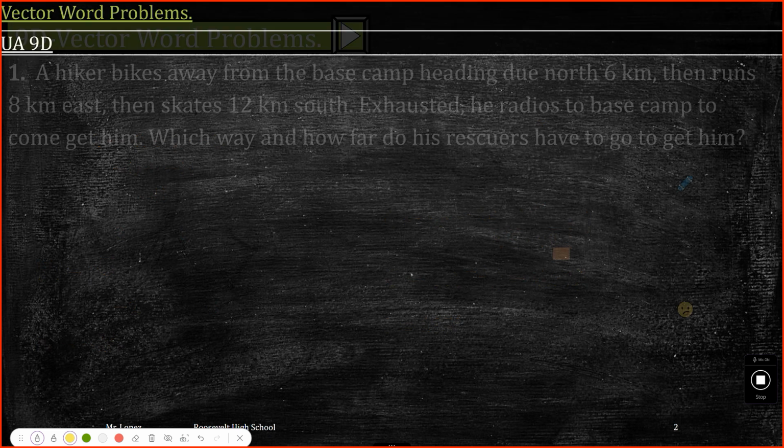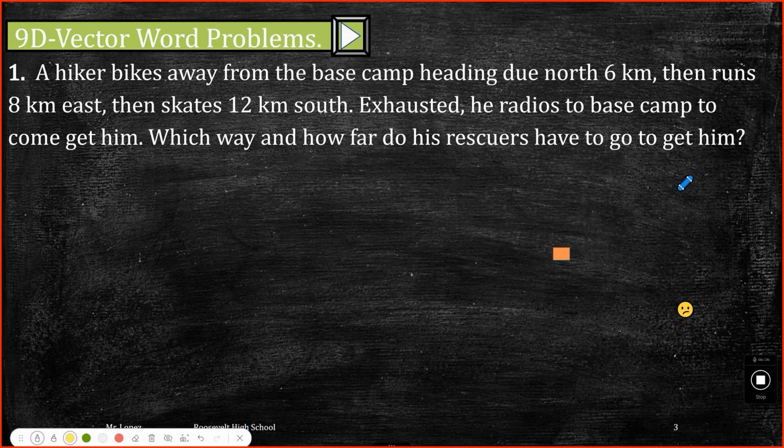Vector word problems. This is it, and we're done for this unit. So here are applications of vectors, vector word problems. Here's a situation. A hiker bikes away from the base camp heading due north 6 kilometers.